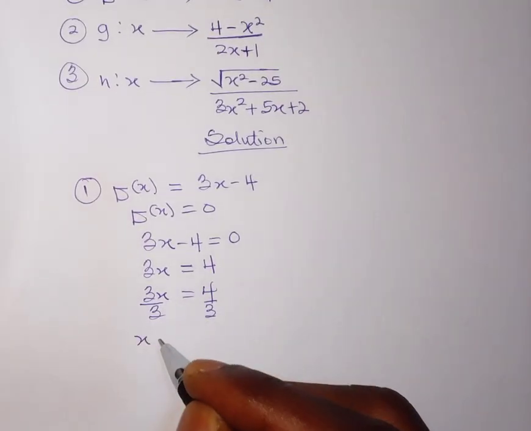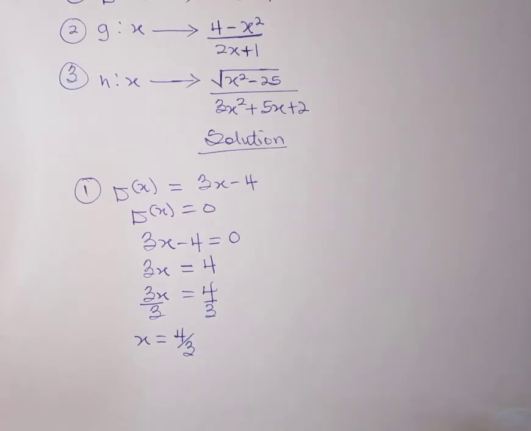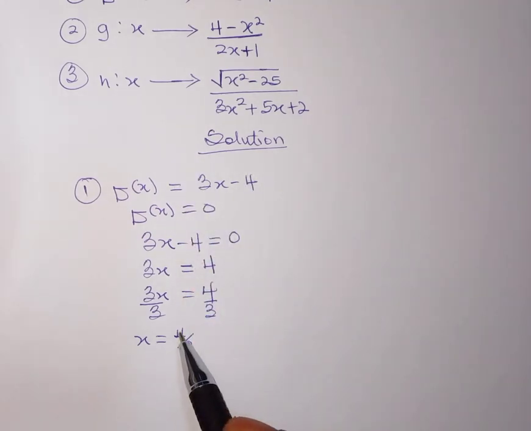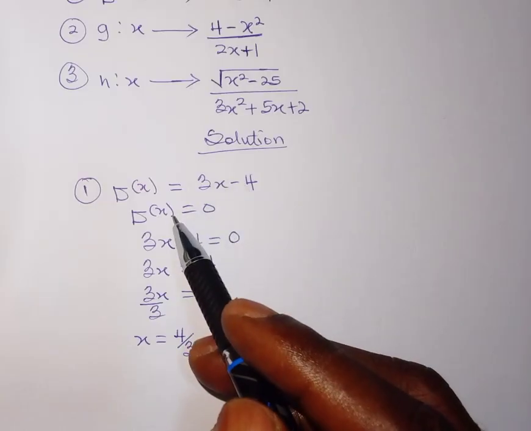So my x is equal to 4 on 3. So it means that the zero of this function is 4 on 3. That means if I substitute this here, I'm going to get 0. That is what we are saying.